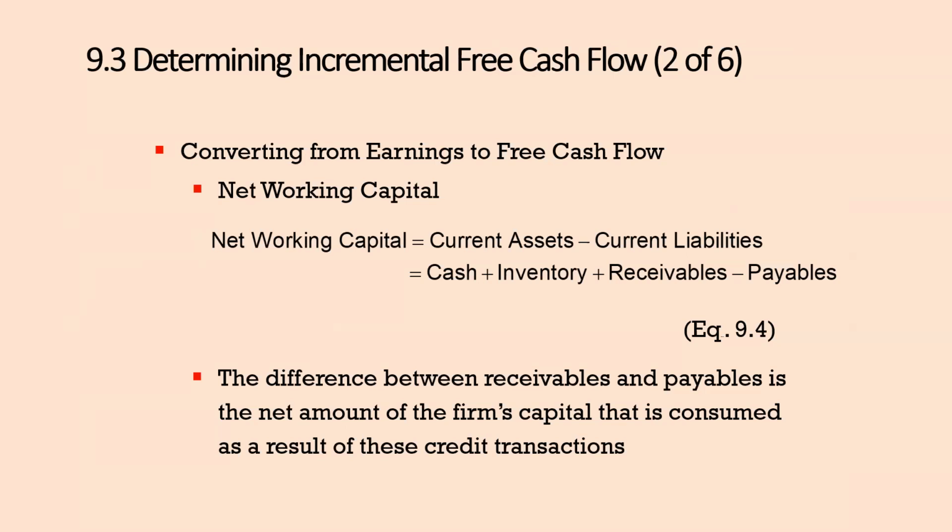The main components of net working capital are cash, inventory, receivables, and payables. So net working capital is equal to current assets minus current liabilities, equal to cash plus inventory plus receivables minus payables.